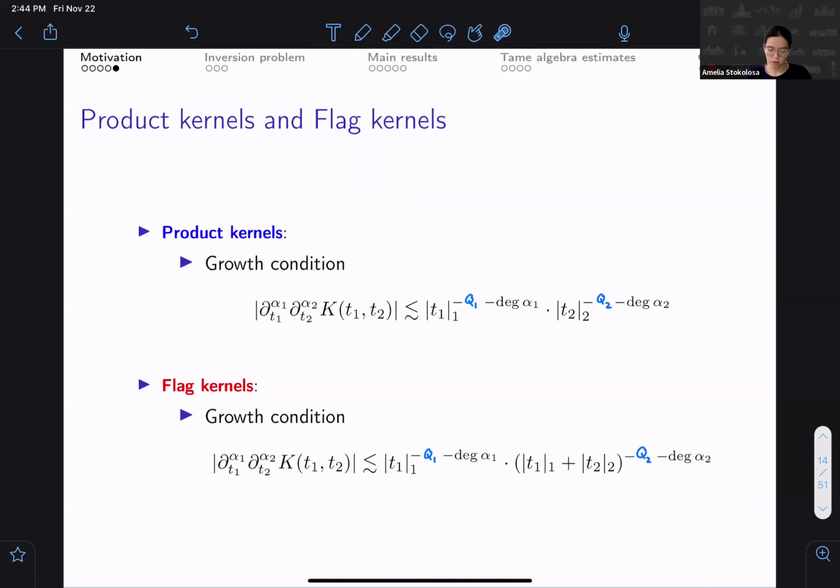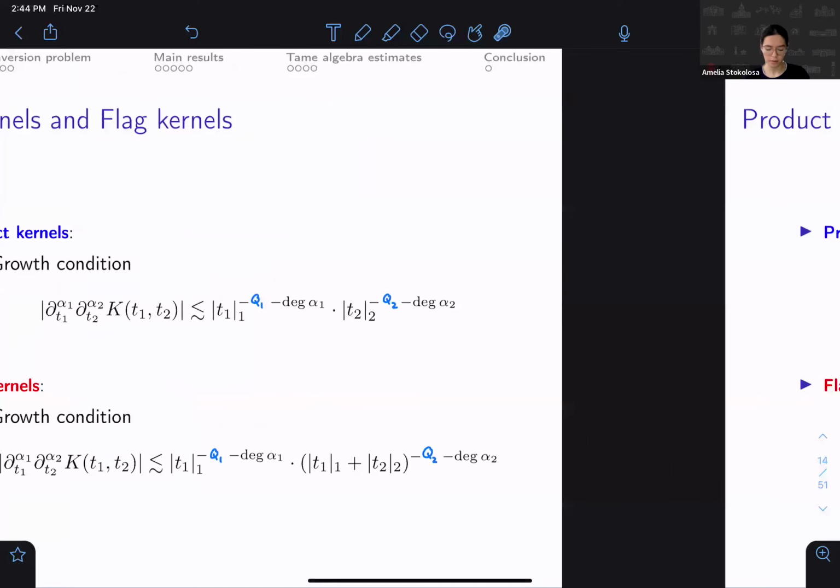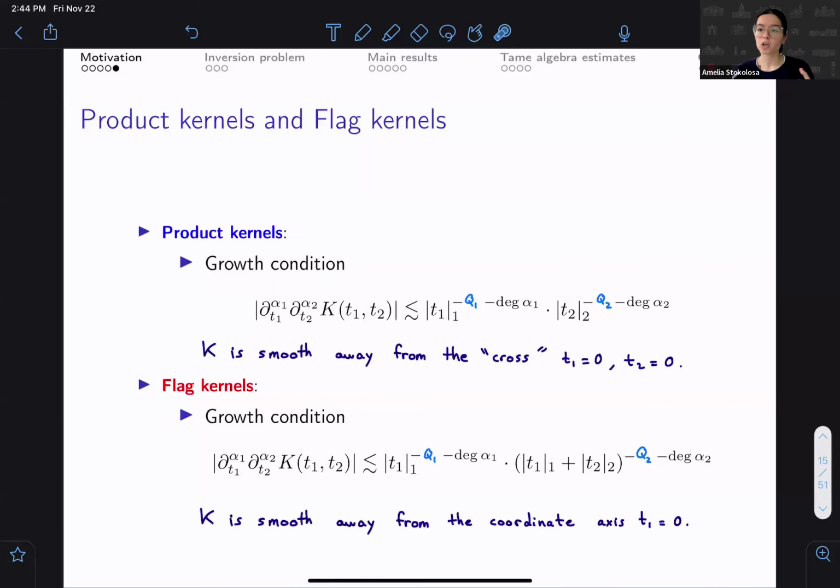Similarly, flag kernels also satisfy a growth condition, which says that away from its singularity, the distribution can be identified with a smooth function with some nice decay properties. Now, the singularity for product kernels is a cross, so you have to stay away from t1 equal to 0 and t2 equal to 0. With flag kernels, there's more singularity in the first variable t1.